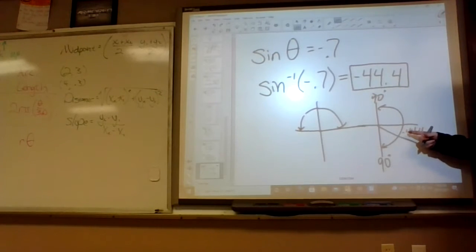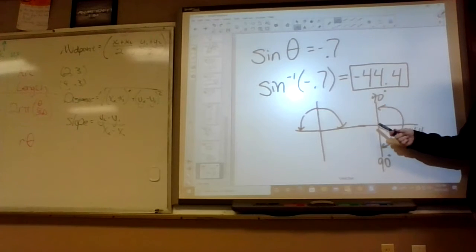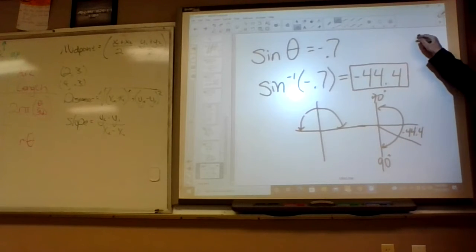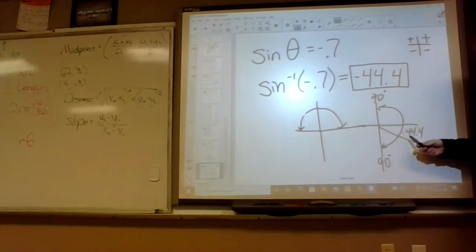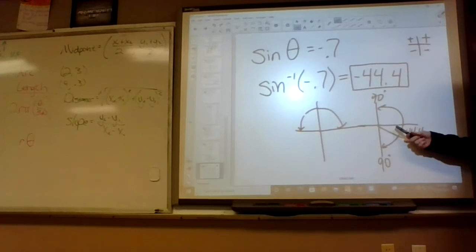So where is sine negative? Quadrants 3 and 4, since sine is based on y. So I need a third quadrant angle between 0 and 360, and a fourth quadrant angle between 0 and 360, that has 44.4 for its reference angle.